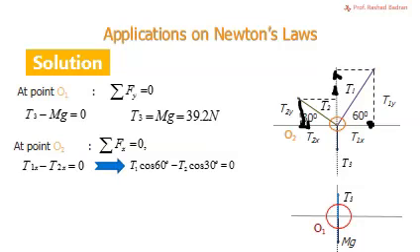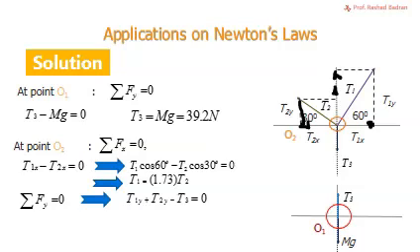So these are the components along the x-axis. You just put the values of the angles, and then we get this relation, T1 equal 1.73 T2. To get the other relation, we set up the equation along the y-axis due to Newton's first law, and the forces along the y-axis in the upper diagram are T1y plus T2y minus T3.